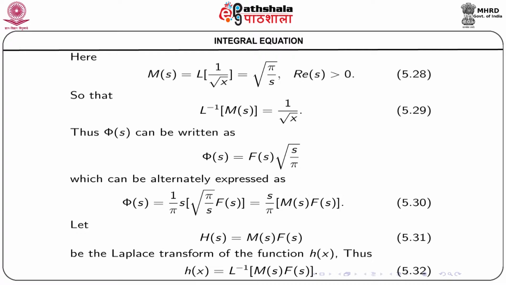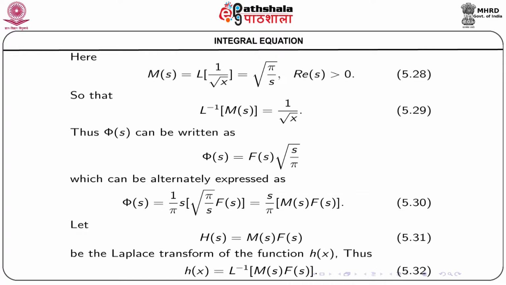This expression can be alternately written as given in 5.30. Here we have taken out s by pi outside, and inside the bracket it is the product of capital M s and capital F s.